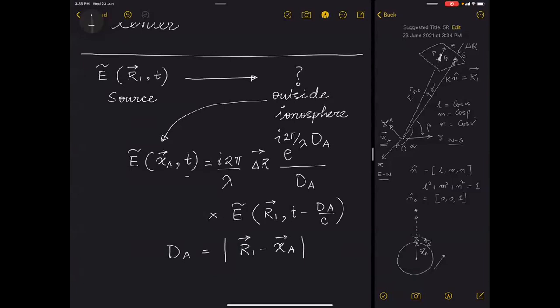Okay, so this is the electric field that I expect to have just outside Earth's ionosphere. And this is completely coming from what we know about Fourier optics, and there is nothing more to this. It's just a result from Fourier optics.